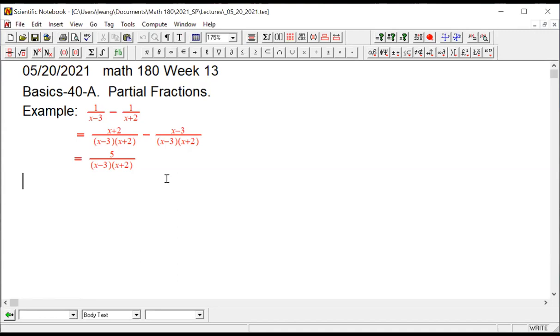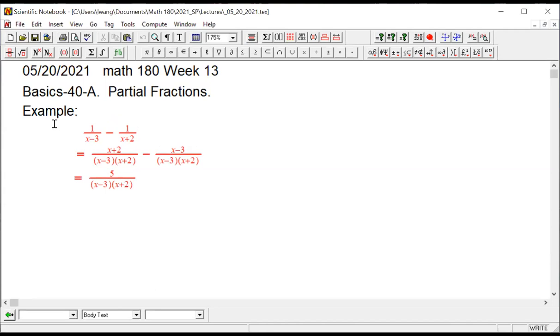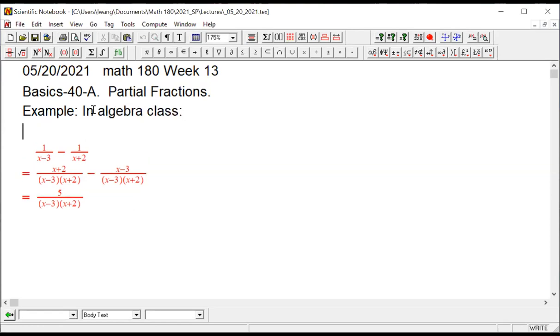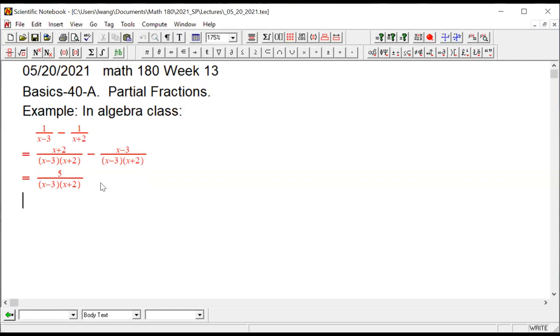Okay. Partial fraction. Let me go with the one here, which is much easier to handle. In algebra class, that's what you learn, right? You do this. In partial fraction, in calculus class, in Calc 2, what do you need?